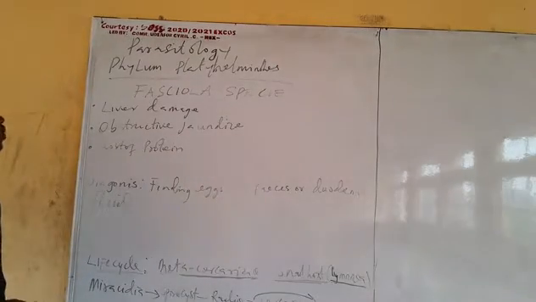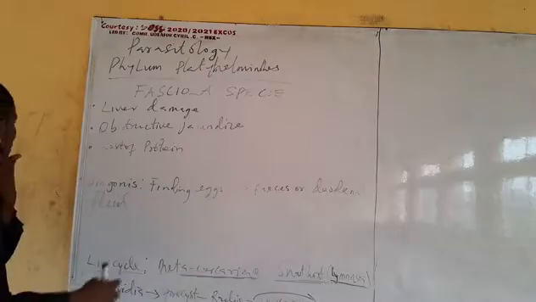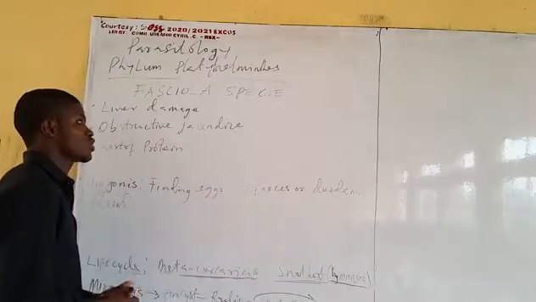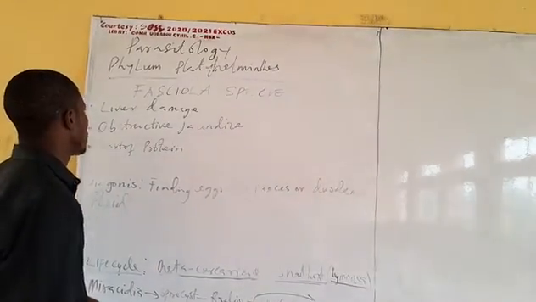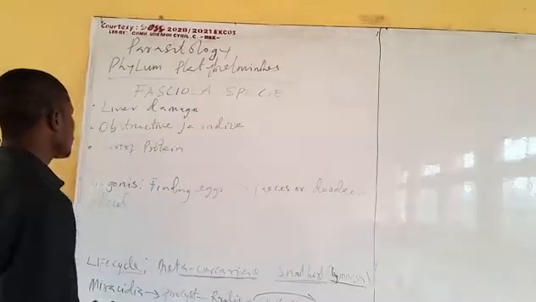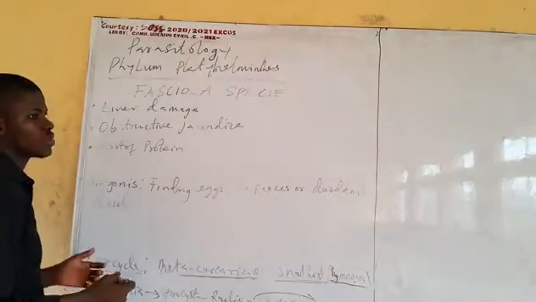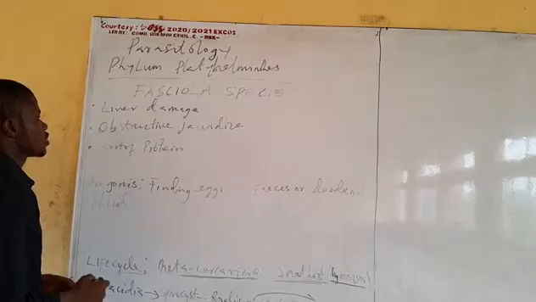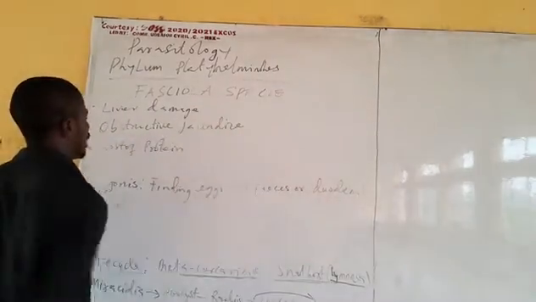Now the pathology is liver damage. In mild infections, not serious infections, there are no symptoms, but it might give rise to liver damage. When the bile duct is badly affected, it gives rise to a disease condition known as obstructive jaundice.